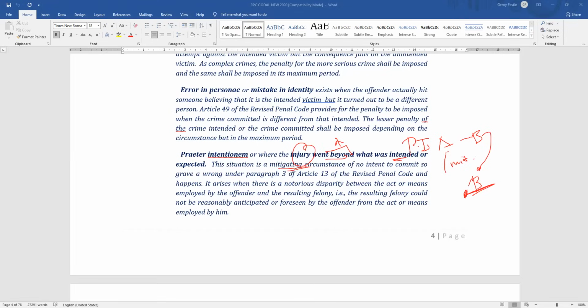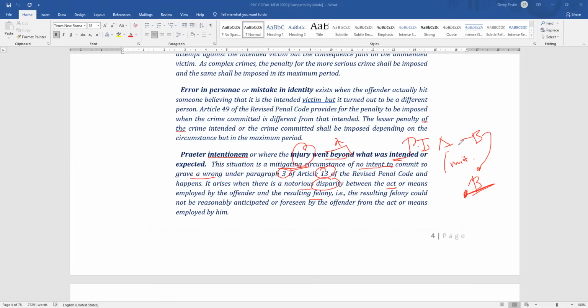Mitigating circumstance yan under paragraph 3 of Article 13. Ano yun? Lack of intent to commit so grave a wrong. So that's a mitigating circumstance, when there is a notorious disparity between the act or means employed by the offender and the resulting felony.